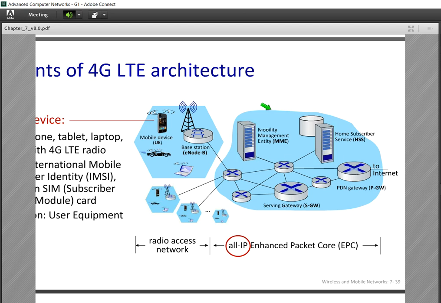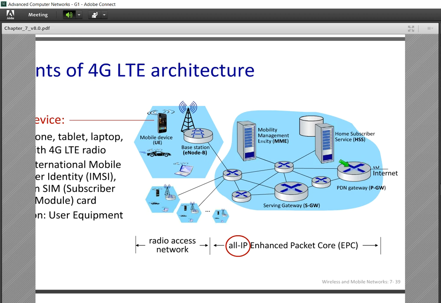In EPC you can see that we have a backbone of some connected devices, some connected routers: service gateway routers, PDN gateway routers, a link toward the internet. If I want to use a data service, I should connect to the internet.